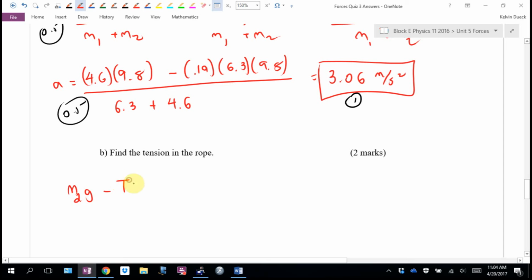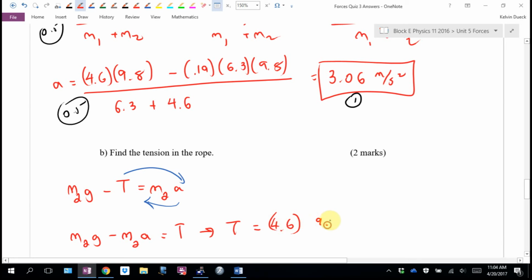M2G minus tension equals M2A. Connor, what am I trying to find? I think we'll do the little swappy dance, yes? So I'm going to get the M2G dropping down minus M2A, and that equals tension. What was M2, Connor? 4.6, is that right?